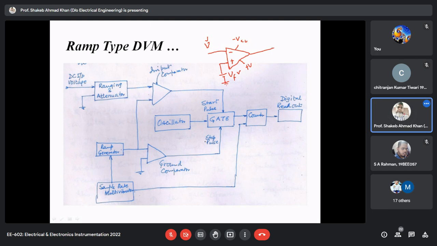When your unknown voltage is more than the reference voltage, then the output will be minus VCC.